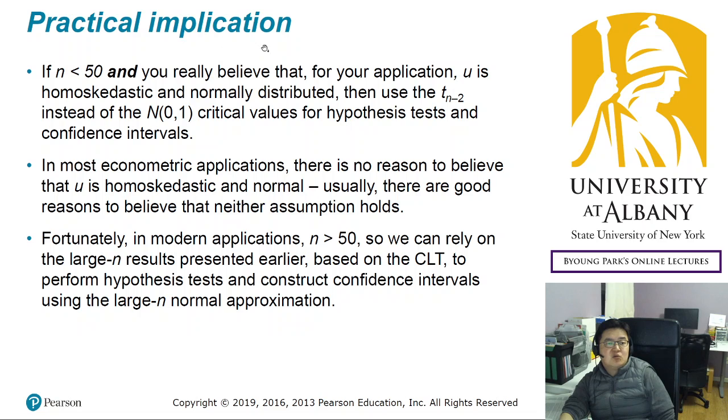And so, practical implications. First, when the sample size is small, you may need to think about the student t distribution, but I believe you are not going to see these kinds of cases. Small sample size causes many other problems, not only normal approximation, so I want you to avoid using any statistical method with a small sample size.